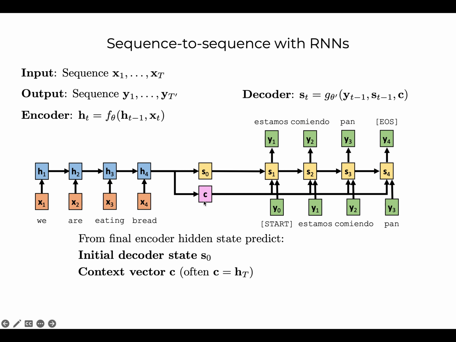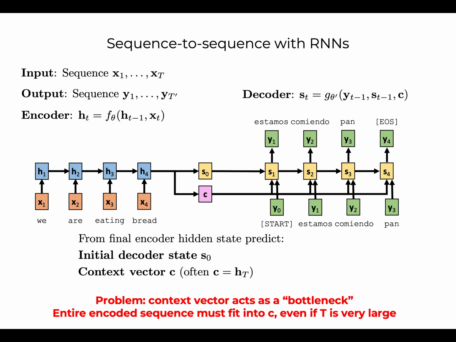We also predict this thing called the context vector C, and often C is just the final hidden state of the encoder. The purpose of the context vector is to transfer information from the entire encoded sequence to every part of the decoder output. So at each time step, the decoder gets access to all of the information from the encoder without some of it potentially having been lost through this sequence of decoder hidden states. And this works better than simply passing only the initial hidden state.